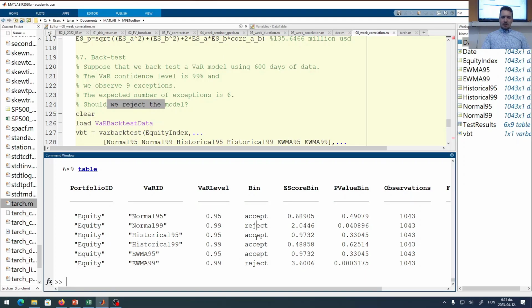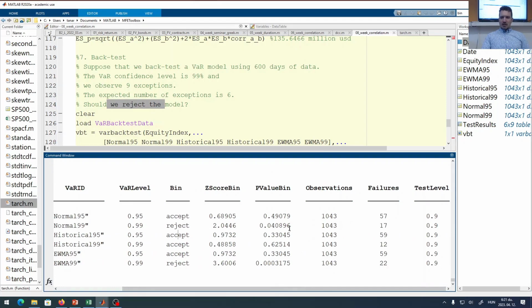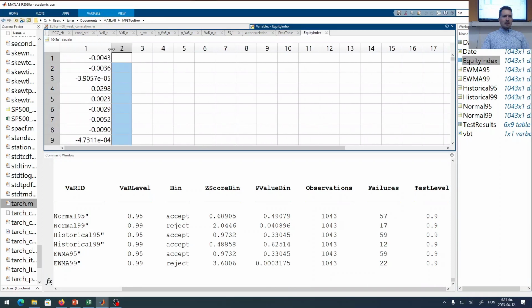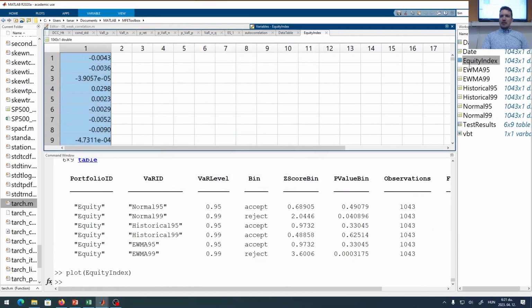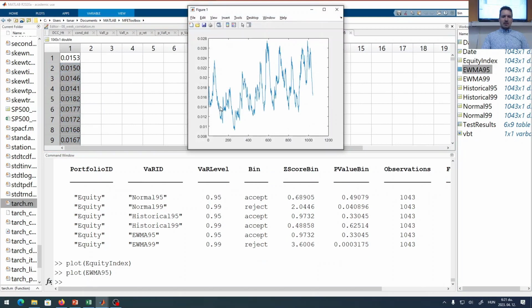But it can be nice, because if we are checking the equity index, this is the return here in the data, and the EWMA will be this.